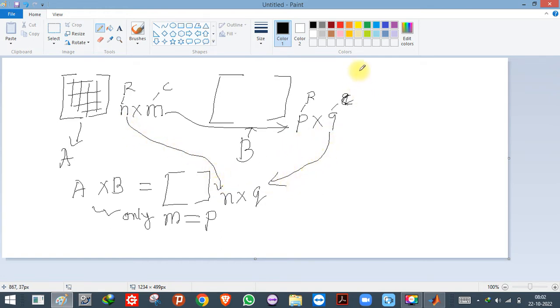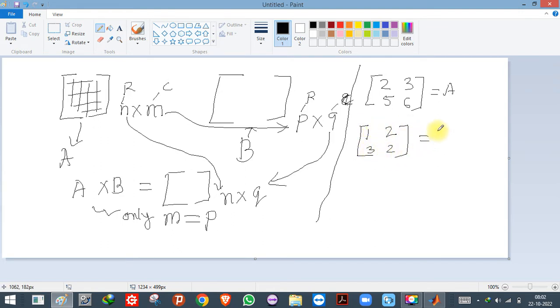Now let me give you an example. Let us take a matrix 2, 3, 5, 6. This is matrix A, and let us take another matrix 1, 2, 3, 2, and this is matrix B. Now size of matrix, how many rows?